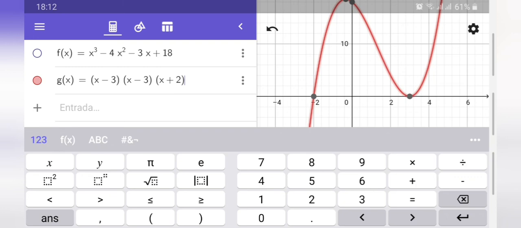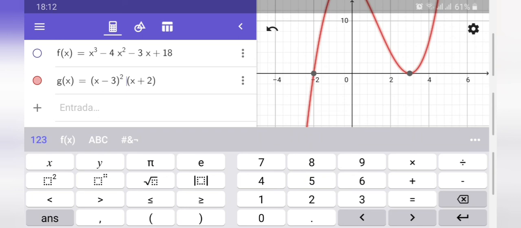If you multiply all these parentheses, x minus 3 multiplied by x minus 3, we can say x minus 3 squared. I just put it this way so that you can see that it doesn't change. Same thing, I just put it that way so that we understand that we found the two roots.